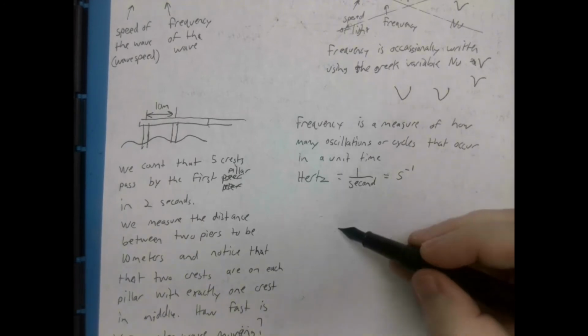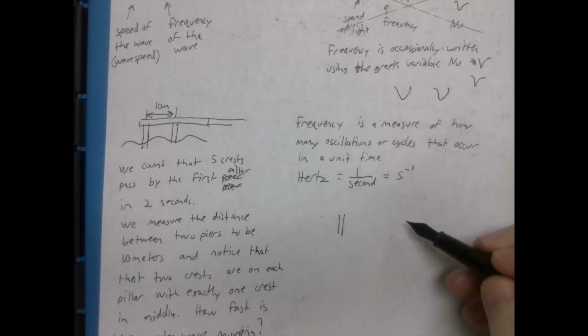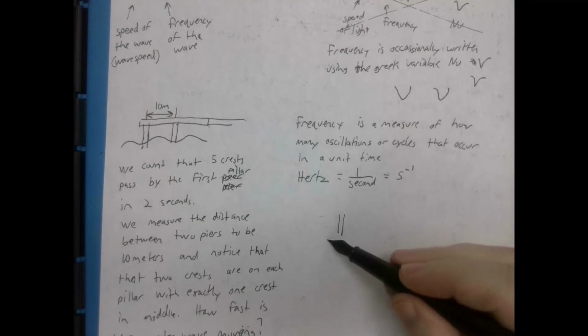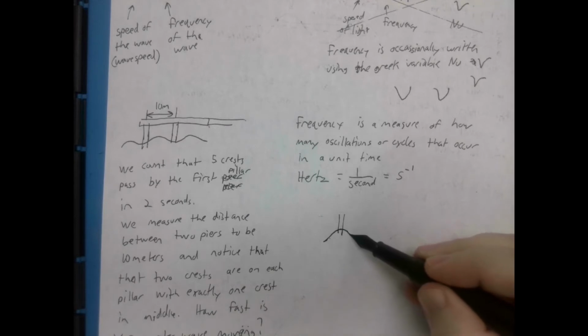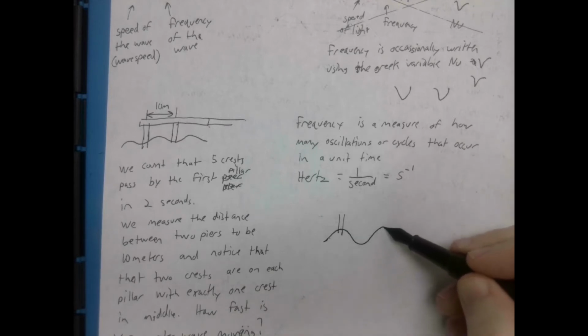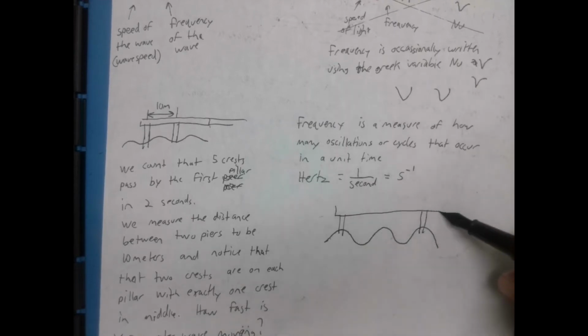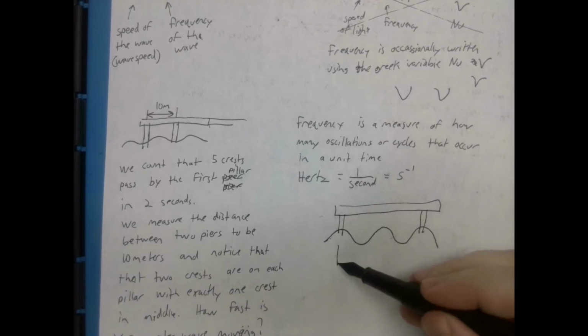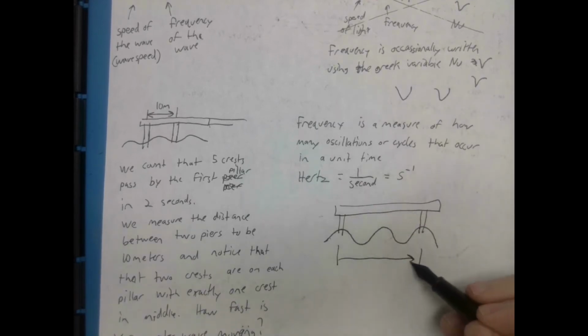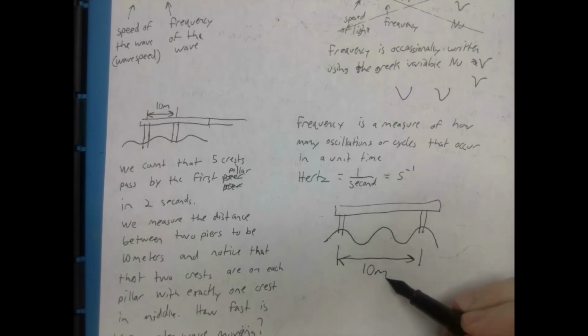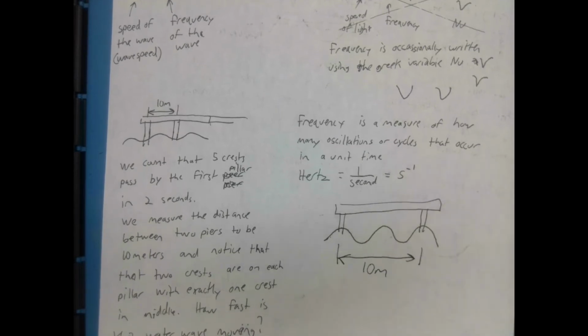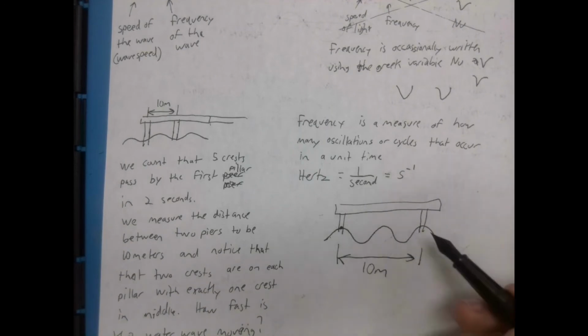So let's draw our 2 pillars. So we have a crest here touching it. We have another crest. And then we have another crest right here. And the distance from this crest to another crest is 10 meters. So how many waves are between here and here?